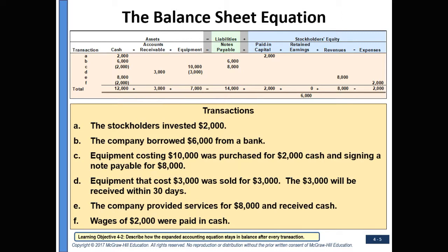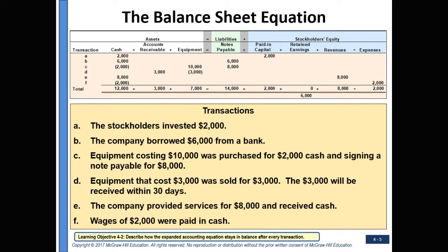Transaction E, the company provided services for $8,000 and received cash, results in an increase of $8,000 in the cash account and an increase of $8,000 in the revenue account. Transaction F, wages of $2,000 were paid in cash, results in a $2,000 increase in the wage expense account and a $2,000 decrease in the cash account.